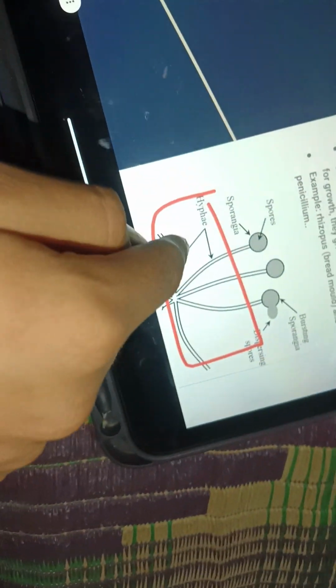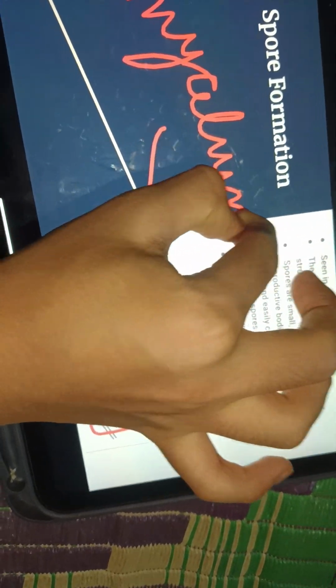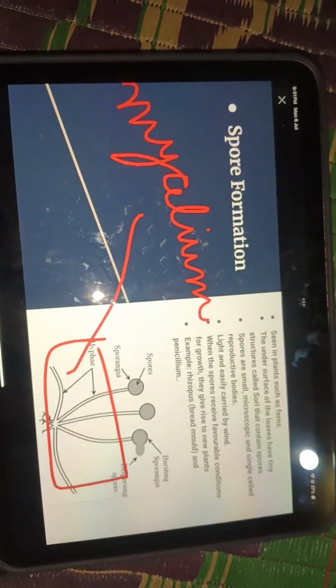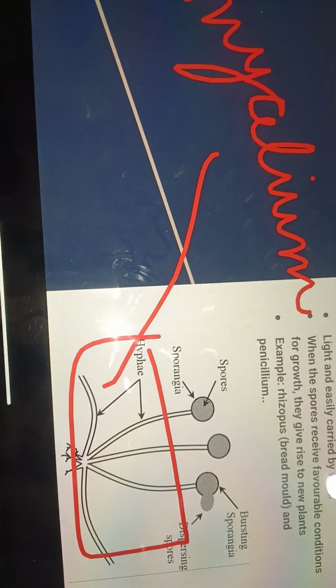But when there is a collection of them, it is known as mycelium. Just as hyphae are important as they help in movement, mycelium also helps in movement because it is formed by a group of hyphae.